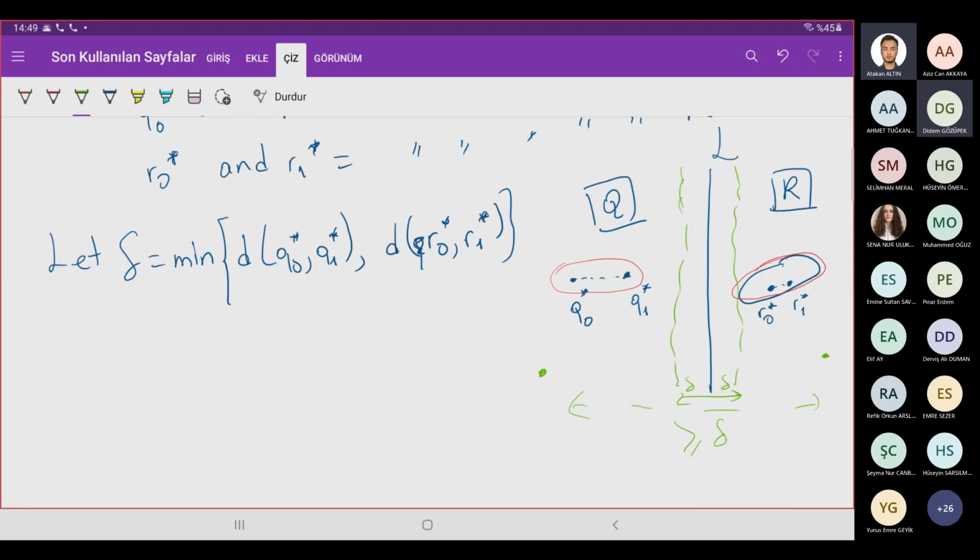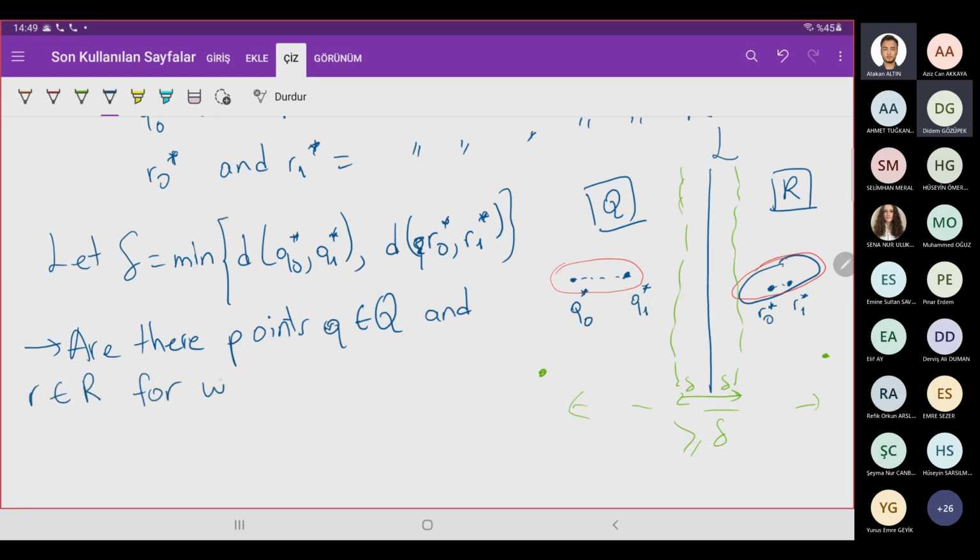So are there points q in Q and r in R for which the distance between q and r is less than delta, okay?